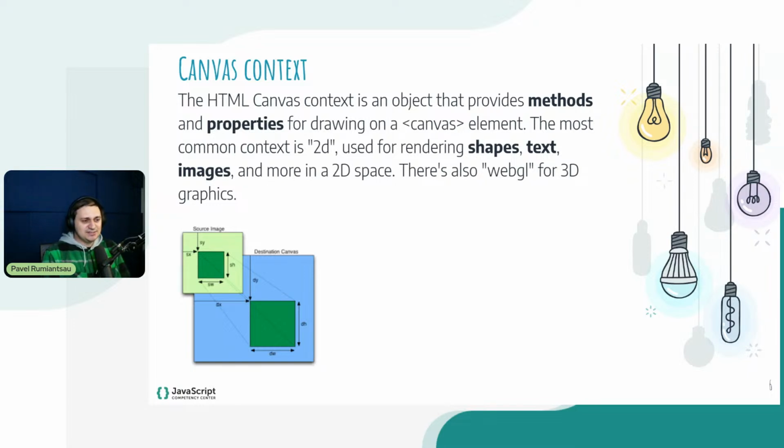You mainly just set up a connection through context, and the context itself is a context object that provides you all the methods and properties which will allow you to communicate with canvas. So you will set up a connection between your code and this visual element. You will be able to configure it, draw some shapes, communicate with pixels and so on.